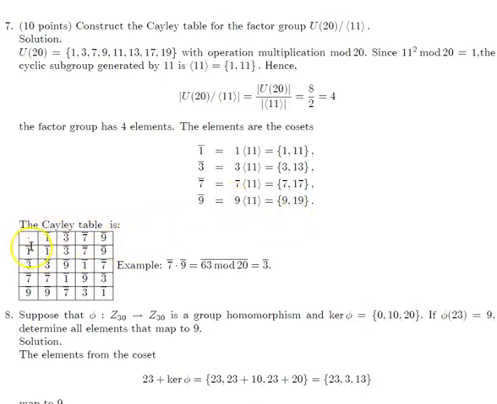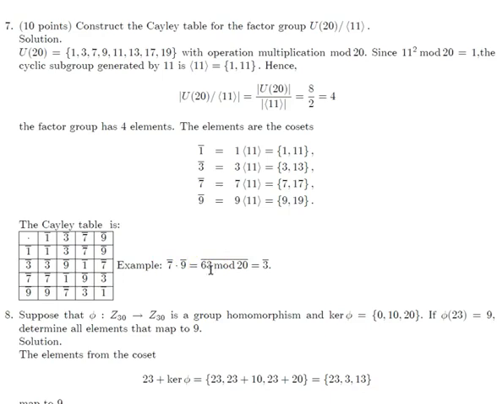The Cayley table will be a 4 by 4 table. The entries are the cosets. And multiplication is the way we do multiplication in a factor group. We multiply the representatives, 7 and 9, 63.